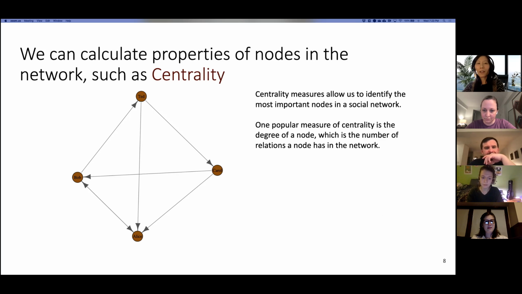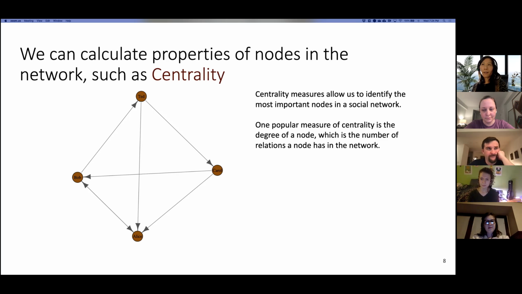So what can we learn from a network? This is just a toy example, but we can think about a network as the entire representation of these 4 people and the links, or the edges, that link them together, or the relationships between them. But we can also think about things at the individual level and the subgroup level, which can include dyads or triads.